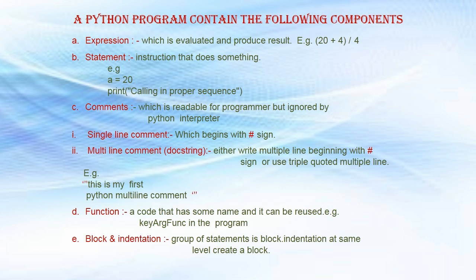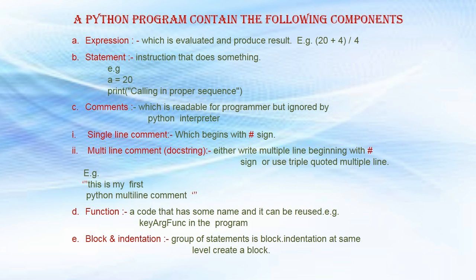It is very important: a single line comment begins with a hash sign. You need to remember this whenever you want to make a comment. If it is a single line, start it with a hash. If it is multiple lines, you have two options: either write multiple lines each beginning with a hash sign, or use triple quotes.